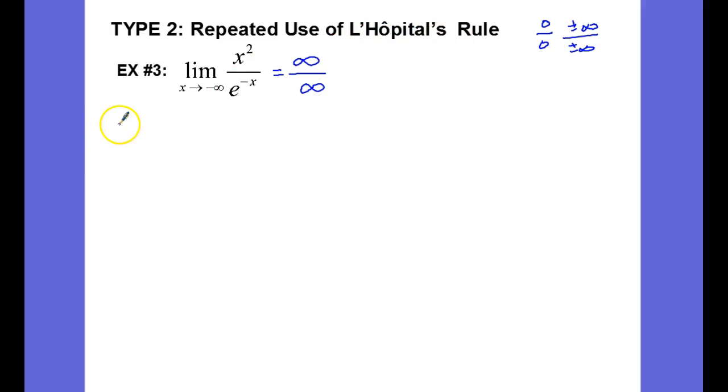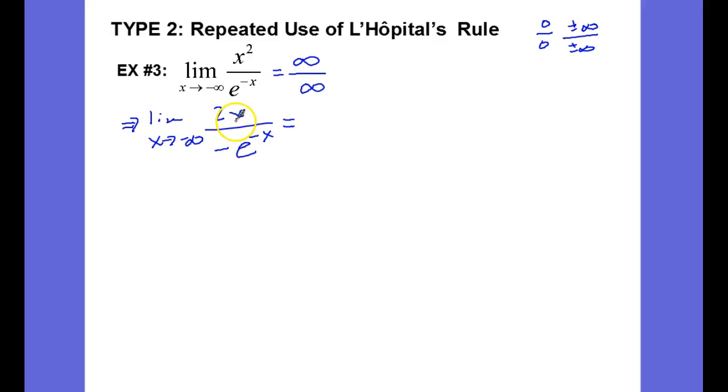Let's take the derivative of the top and the bottom. So we have the limit as x approaches negative infinity, and differentiating the top we have 2x, and differentiating the bottom we have negative e to the negative x. And let's see what happens.